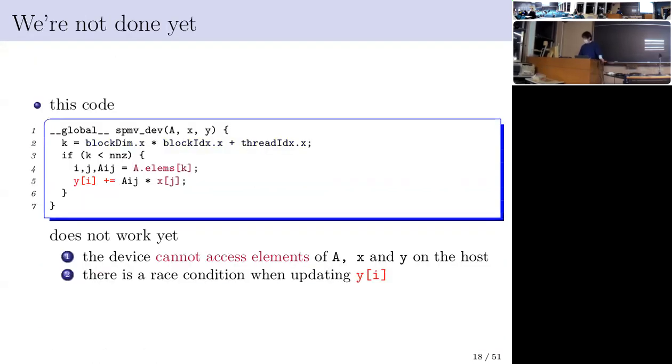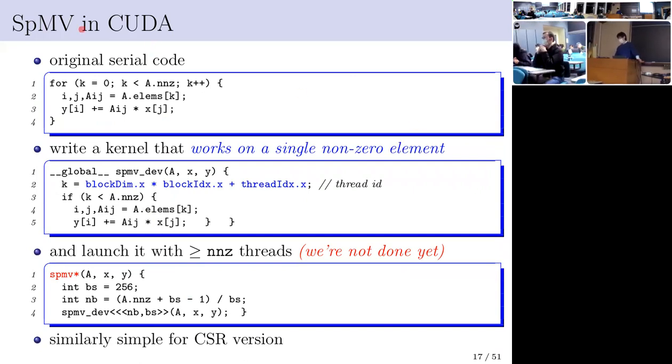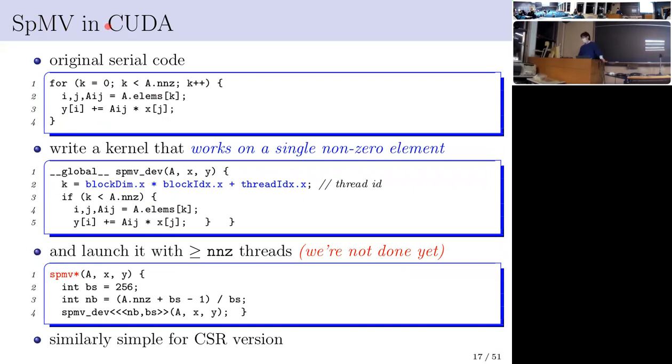So yeah, this is how our learning example of sparse matrix vector multiply could be written in CUDA. We are assuming here the so-called COO format, the coordinate list format, whose original serial code looks like this.